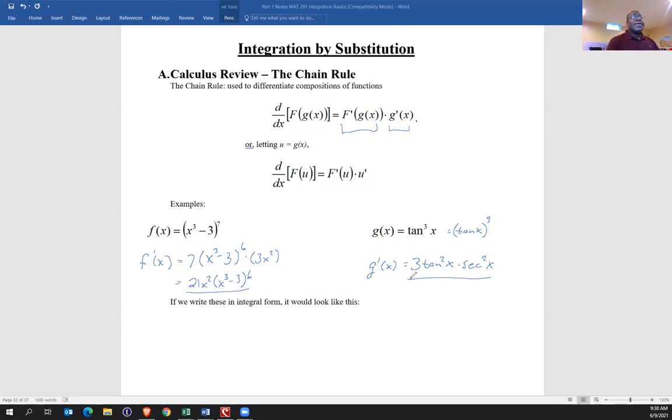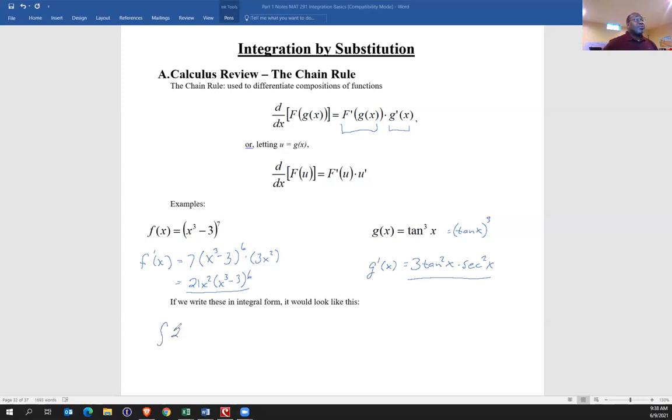It's not a problem. Now, if we write these in integral form, in other words, what would this look like as an integral? Well, remember that the integral is the antiderivative, so we're kind of going backwards here. So for our first example, in the integral form, we could write this as the following.